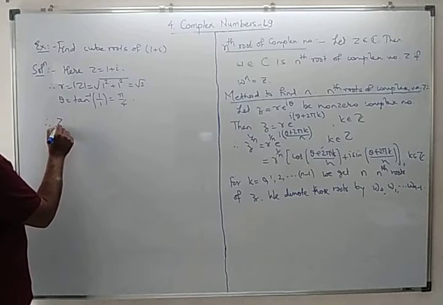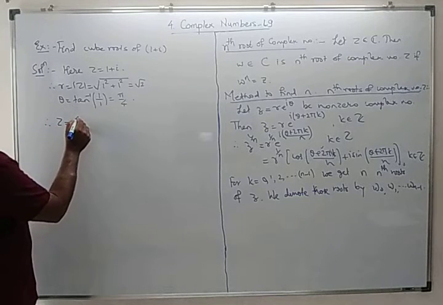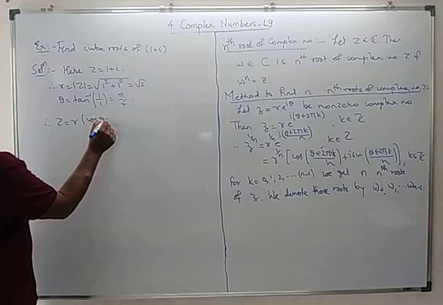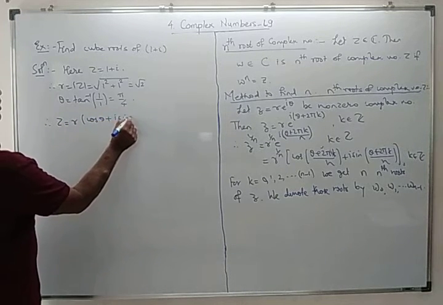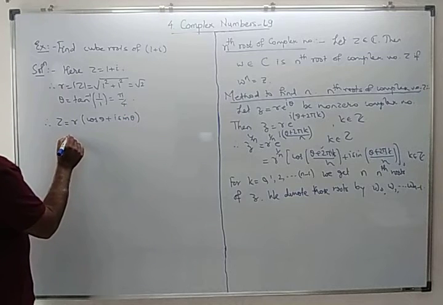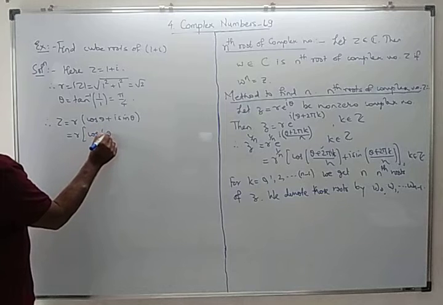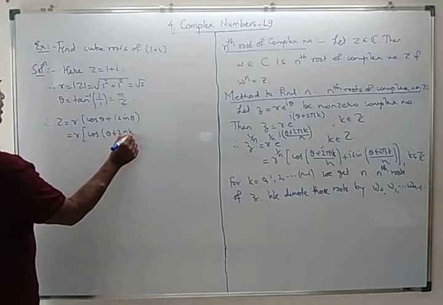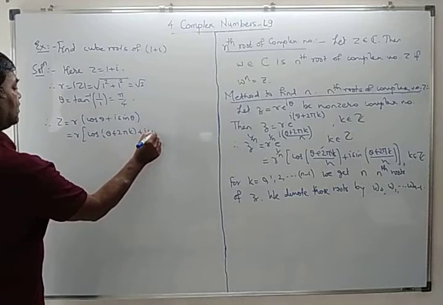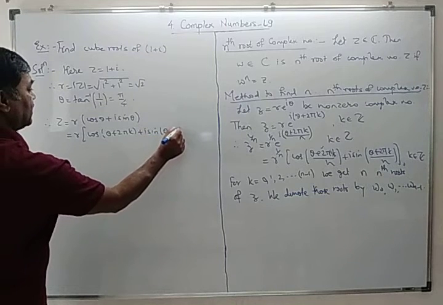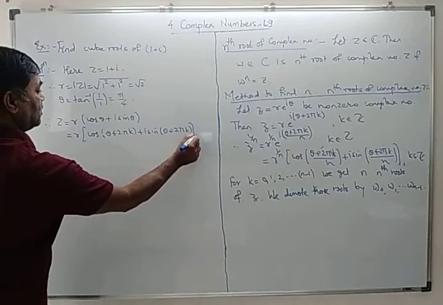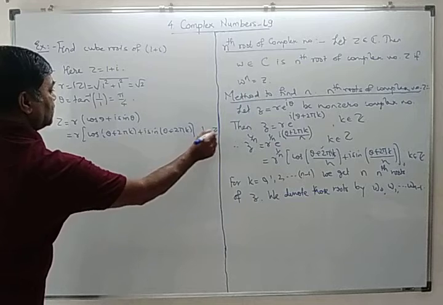Therefore, z is equal to root 2 into cos theta plus i sin theta, which is equal to r into cos of theta plus 2 pi k plus i sin of theta plus 2 pi k, k belongs to Z.